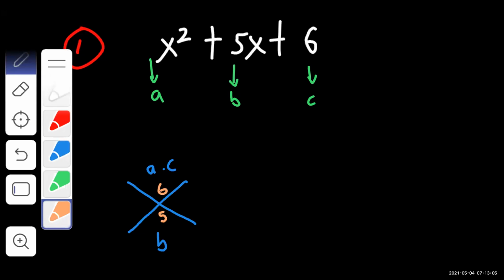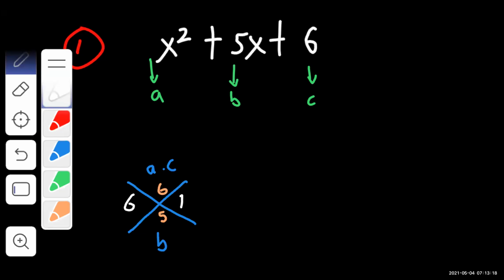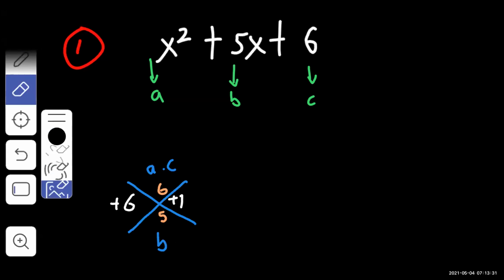You can say 6 times 1, positive 6 and positive 1, that makes positive 6. That's correct. But by using these numbers, positive 6 and positive 1, can I get 5? No, 6 and 1 is 7, and I need 5. This is not the right factor.